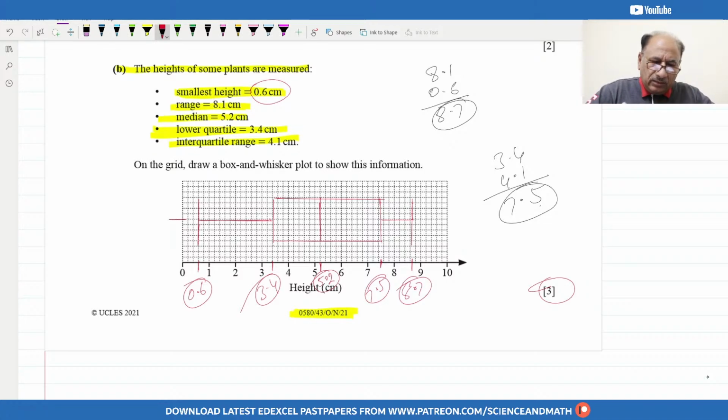I'm just making these lines darker so that you can properly see them, and this is our box and whisker plot. No need to indicate anything more on this, and this will score 3 marks, and we are done with all the requirements of the box and whisker plot.